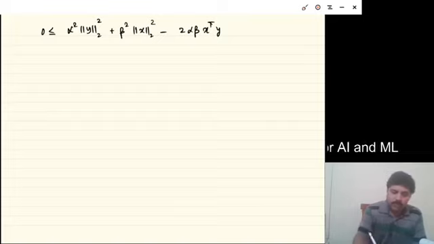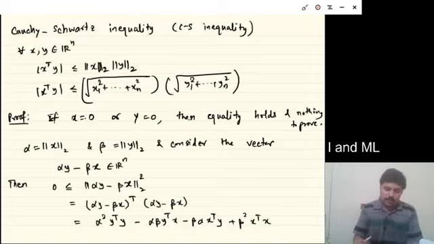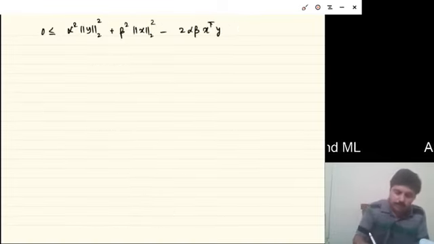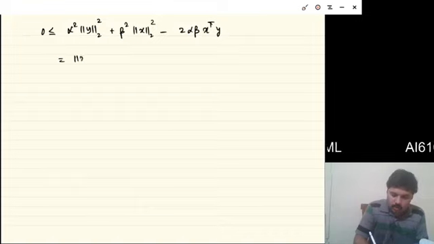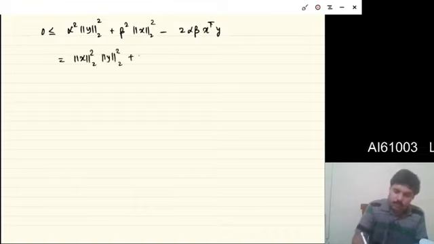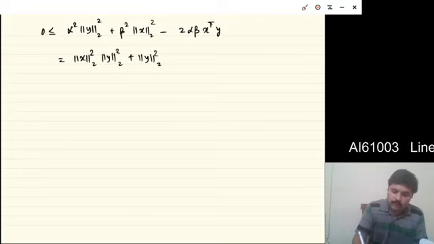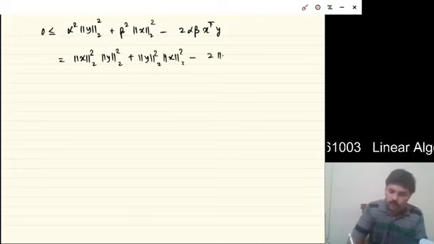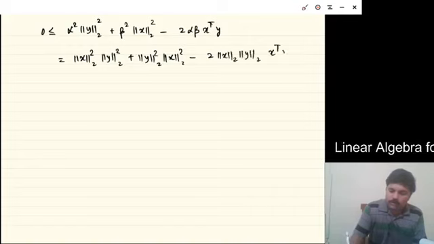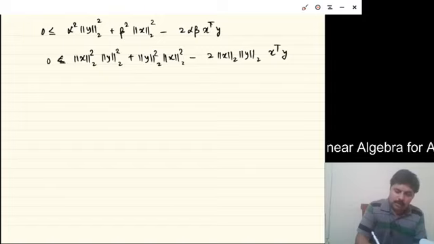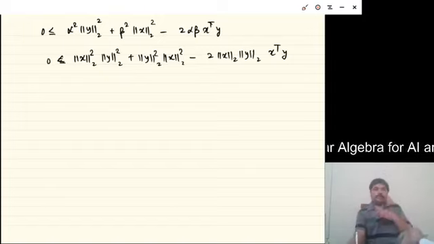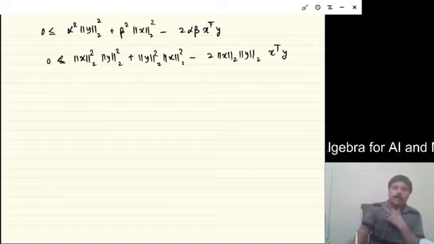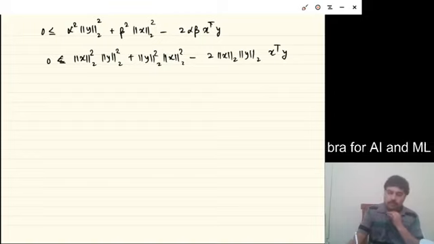First write down this alpha square. So what is this alpha square? Alpha square is norm of x square. So you have norm of x square norm of y square plus norm of y square norm of x square minus 2 norm of x norm of y x transpose y, and you are saying that 0 is greater than or equal to this, and I will divide by norm of x norm of y.